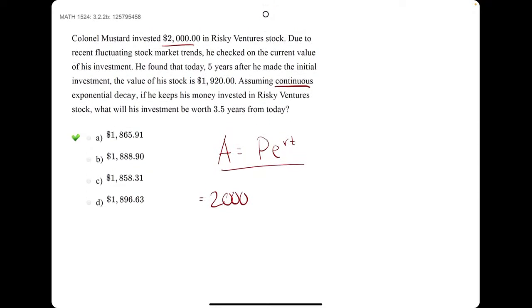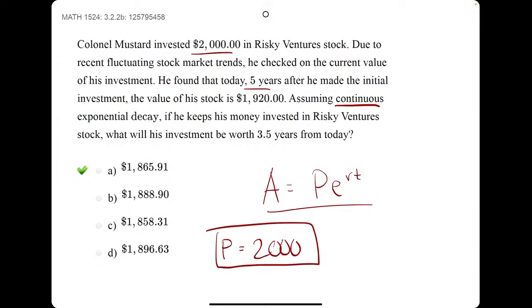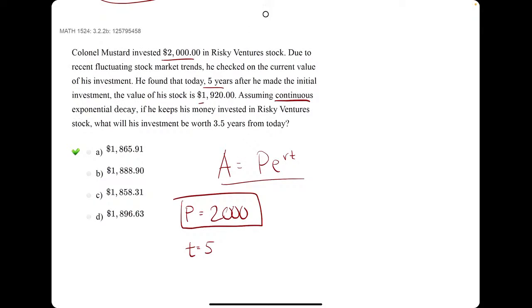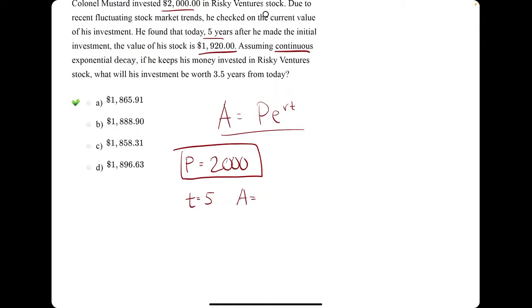So the initial investment is our P, or our principal. Then it says 5 years after the initial investment. So when t equals 5, specifically, the value of the stock is $1,920, which means at t equals 5, the amount, the A value, is 1920.